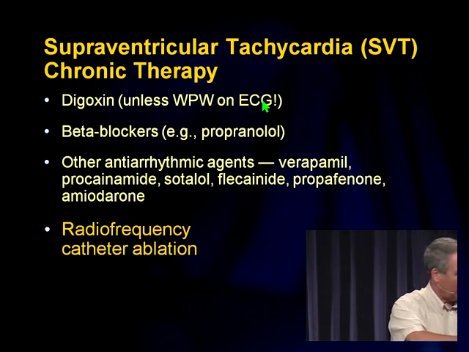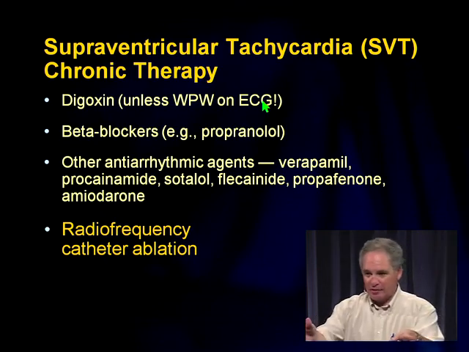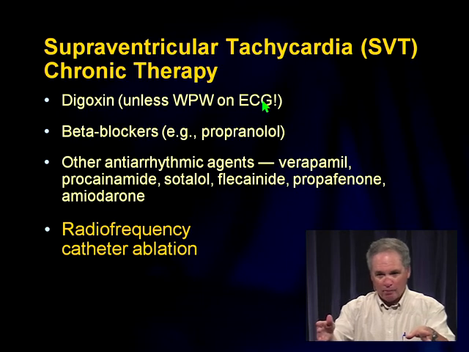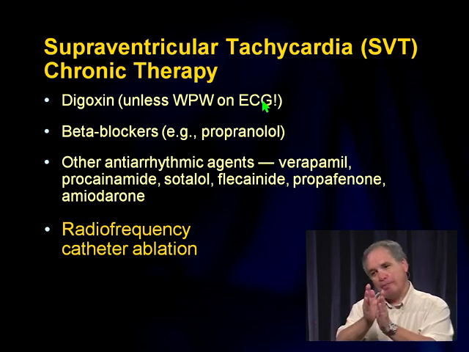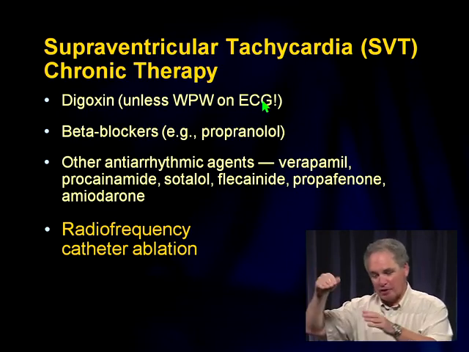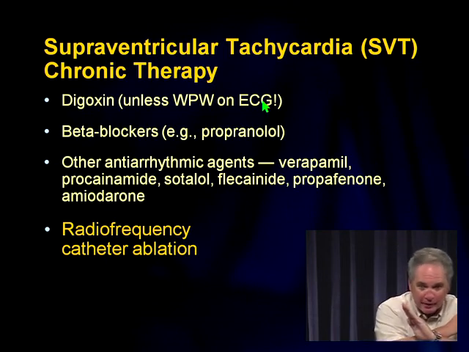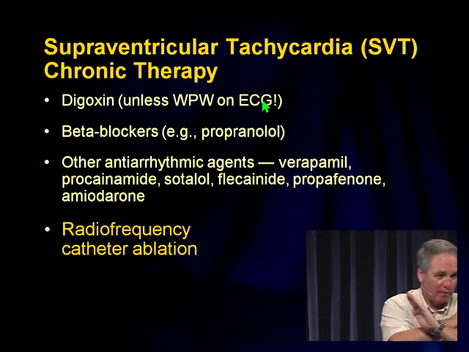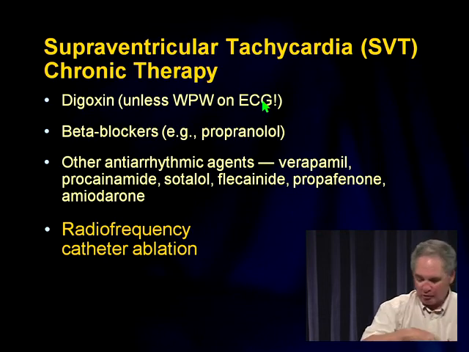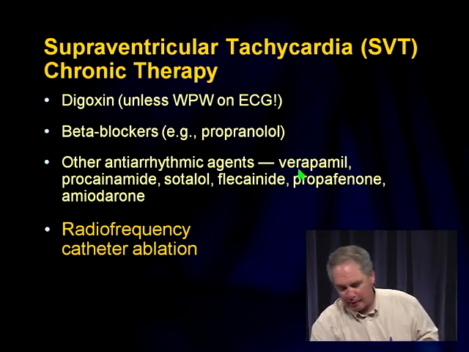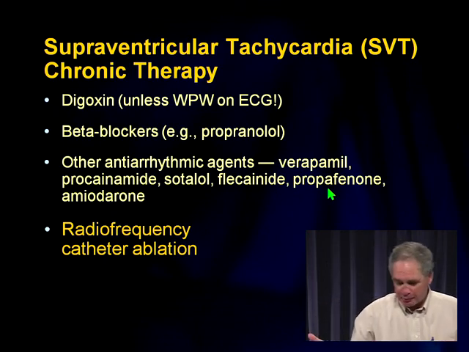Stop the tachycardia, then get an EKG. If you see the typical Wolff-Parkinson-White pattern, short PR interval, slurred QRS, no digoxin. If you don't want to be bothered with this, just use propranolol or another beta blocker to prevent recurrences. There are other antiarrhythmics that we would use, but you're not responsible for those.